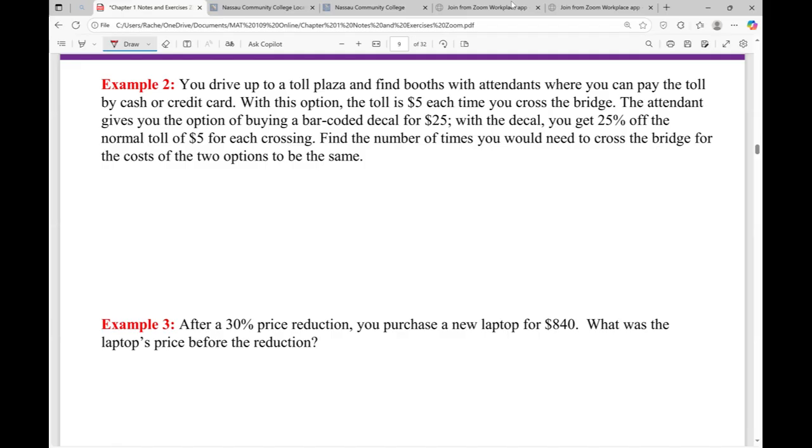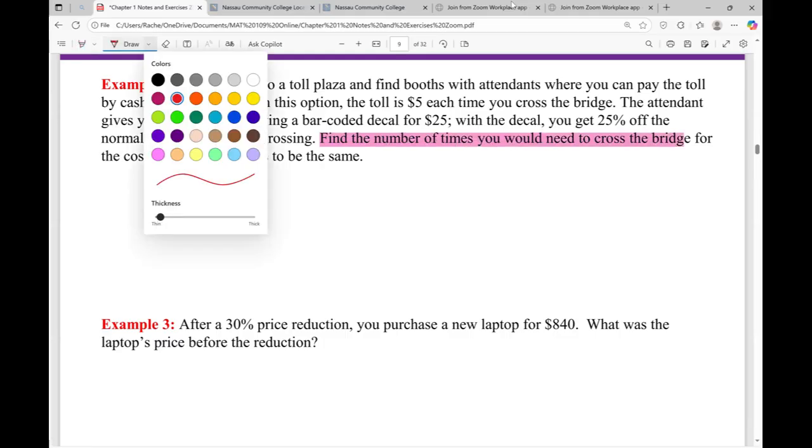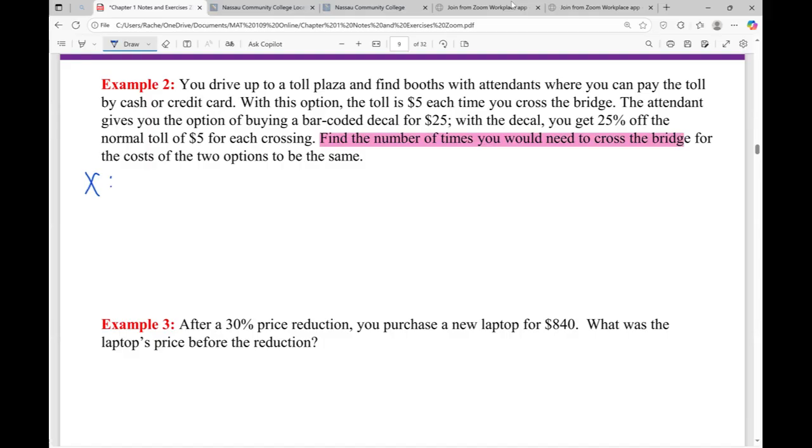So in order to figure that out, we need to let X stand for what we're trying to solve for, right? Which is the number of times that we would need to cross the bridge, and specifically for these costs to be equal. So let's let X be the number of times we cross the bridge. Now we need to come up with an equation to model this in terms of X. Well, there's two options, right?